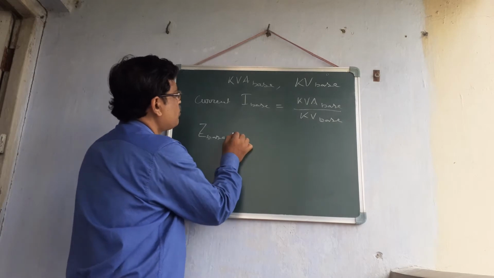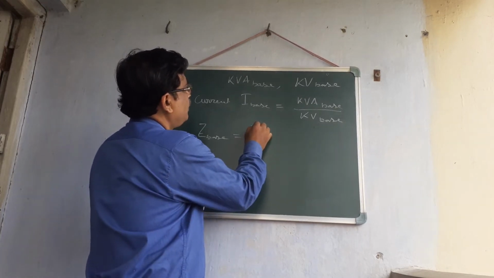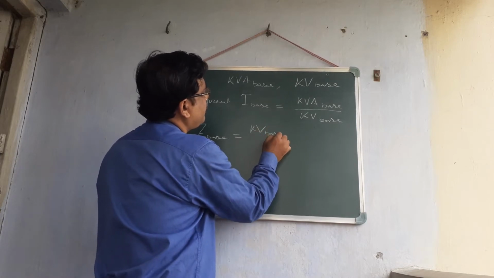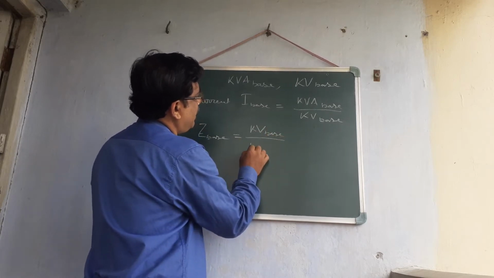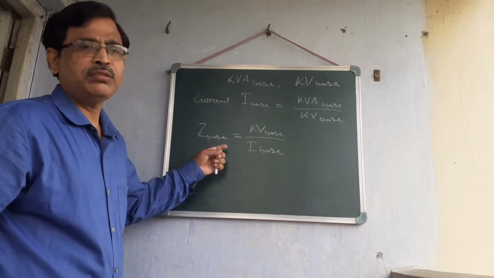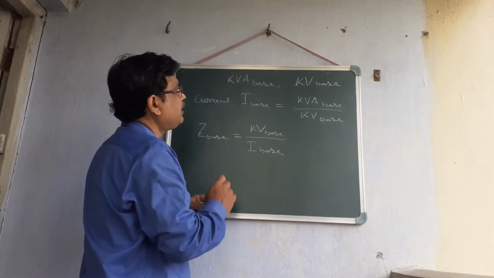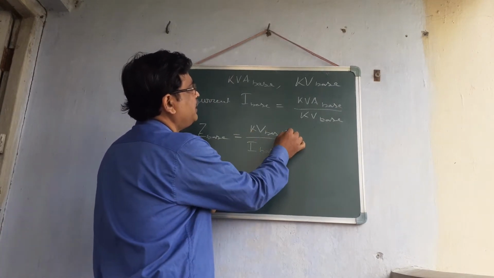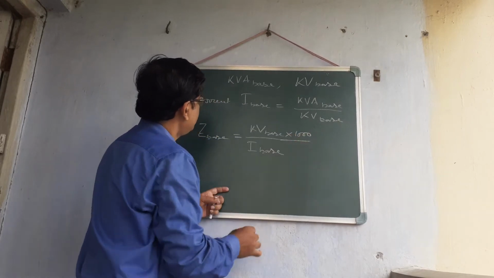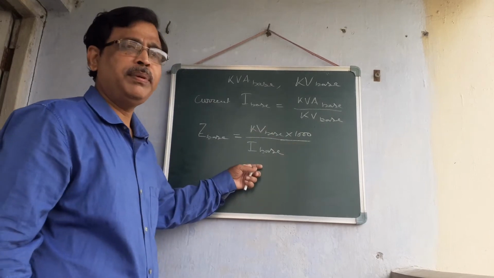Z base is equal to voltage KV base by current I base. We know Z is equal to V by I, and it is in kV, so convert it to V by multiplying with 1000. So Z base equals KV base into 1000 by I base.